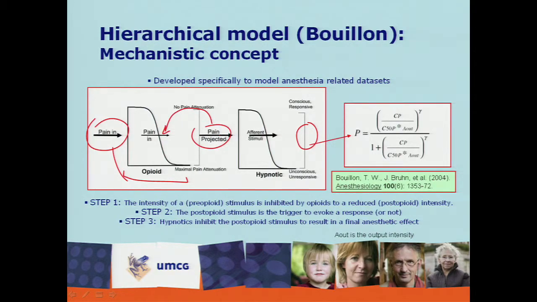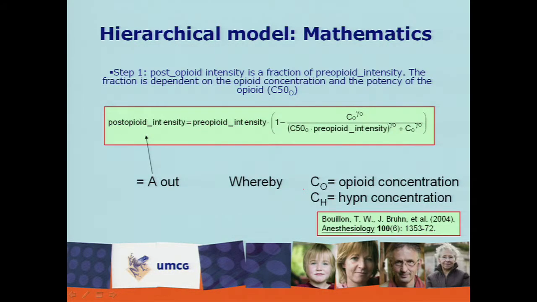As a result, your hypnotic level will be influenced by the pain stimulus that is projected on the hypnotic part. And the total result will be your response or tolerance to responsiveness on your consciousness level. So this is the hierarchical model by Bouillon and co-workers. I will skip the mathematics for you because I think you had formulas enough.